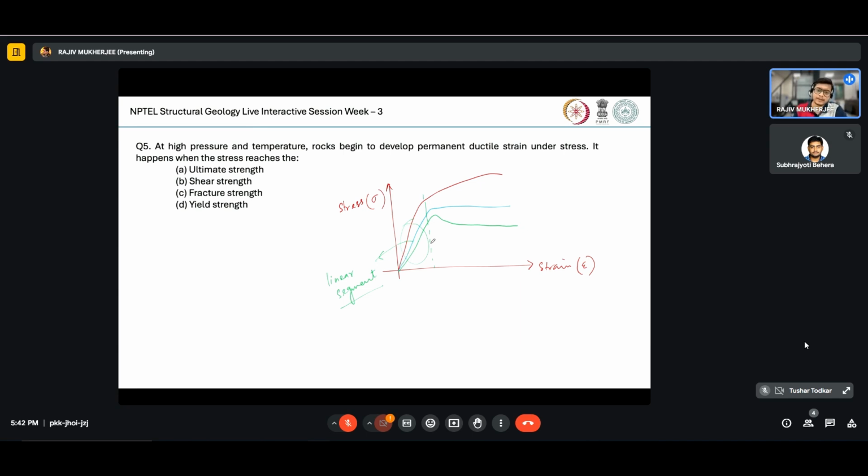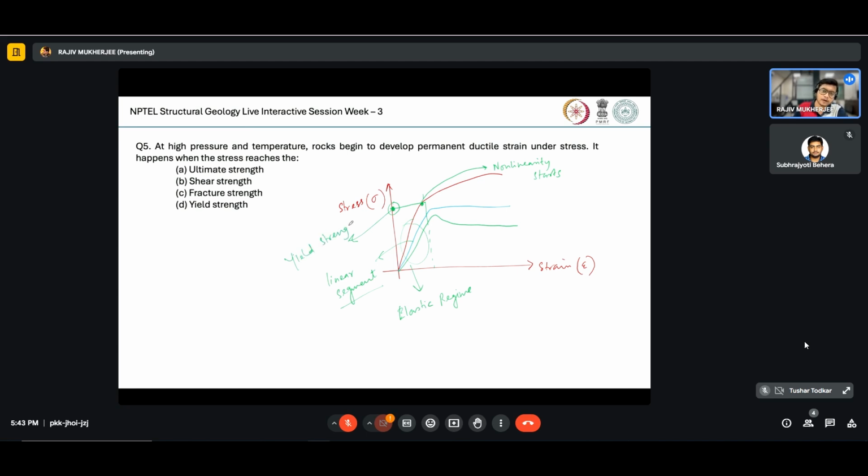This regime is called the elastic regime, and beyond the point where the curve becomes nonlinear, this point demarcates the yield strength of the material.